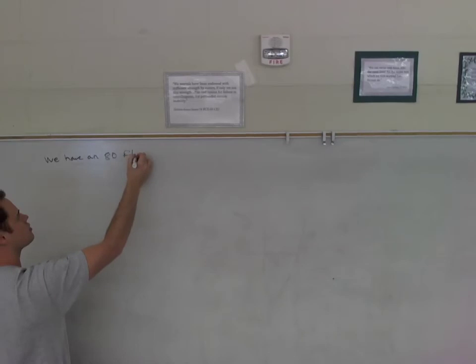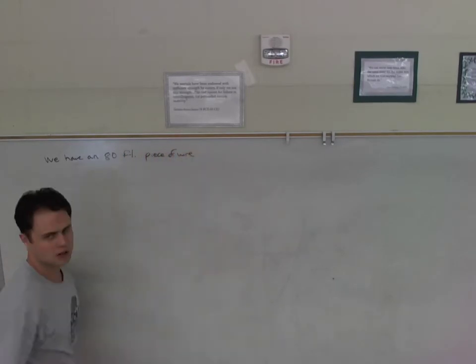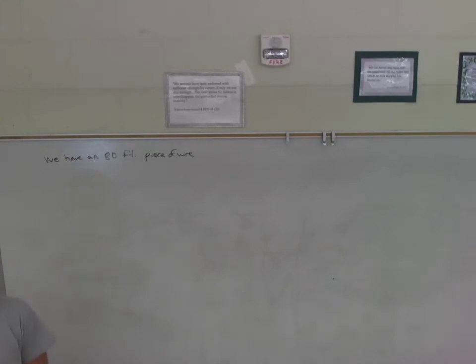Okay, so we said we have an 80-foot piece of wire. And like I said, we're minimizing, not maximizing. So we've got a square and a circle. How are we going to do that?